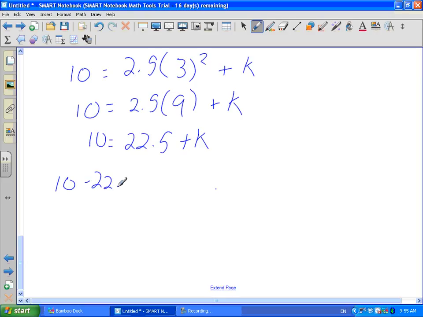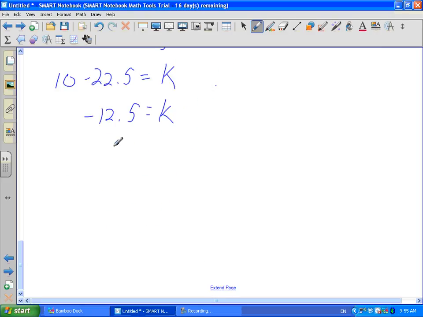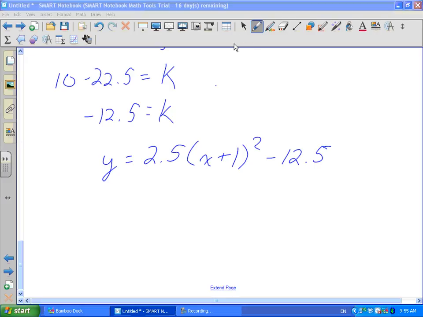And subtract 22.5 equals k. -12.5 is our k. So in vertex form, I know this is a very in-depth question, and I realize it's going to be so hard. y is equal to 2.5 times x plus 1 squared minus 12.5. That would be our equation in vertex form.